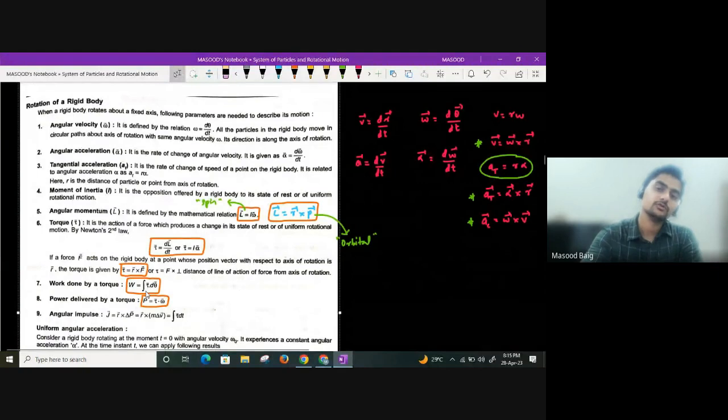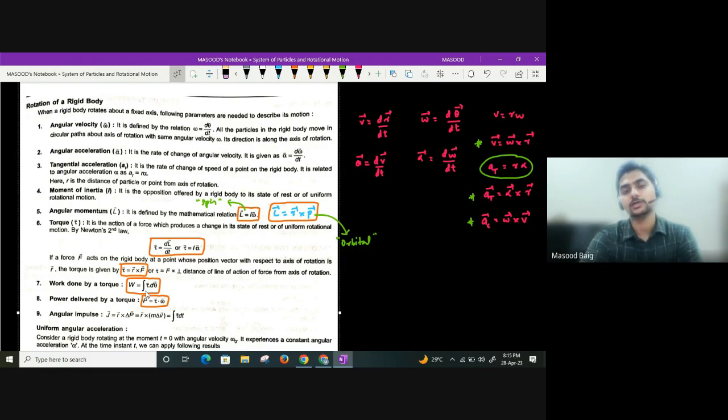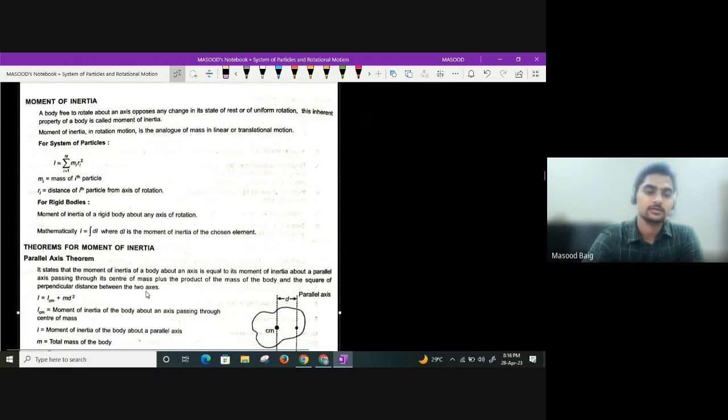There, work done by force is integral f bar dot dr bar; here, work done by torque is integral tau bar dot d theta bar. Power: f bar dot v bar; here, tau bar dot omega bar. Angular impulse can be written as change in angular momentum, just like linear impulse is change in linear momentum, integral f bar dot dt. Here angular impulse can be written as integral tau bar dot dt. Clear, everyone?